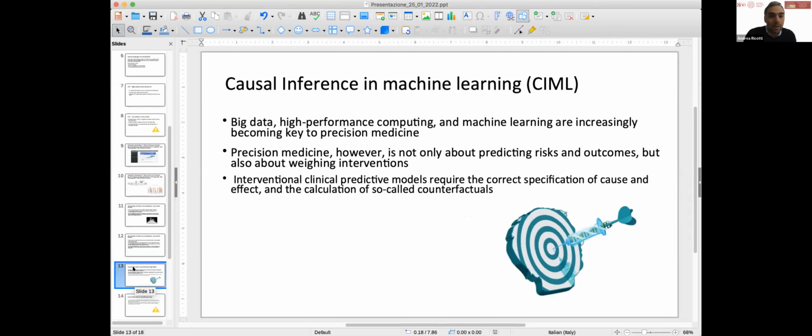The last example of biomedical research in machine learning is causal inference. Big data and high performance computing machine learning are increasingly becoming key in precision medicine. But precision medicine not only predicts risk and outcomes, but also weighs interventions. An interventional clinical prediction model requires the correct specification of cause and effect and the calculation of so-called counterfactuals.